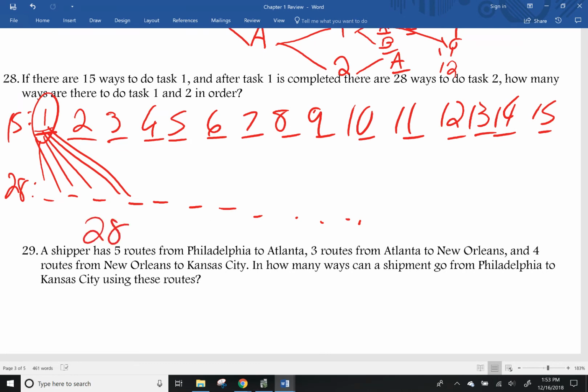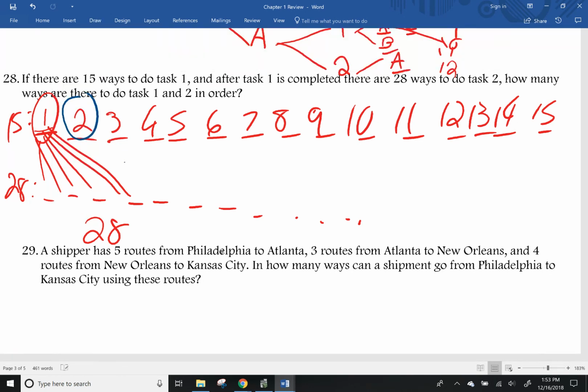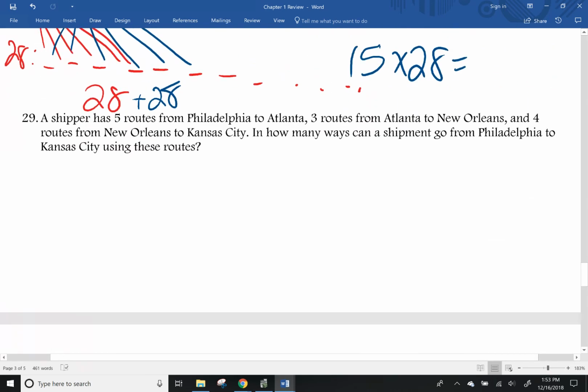But then you could take option 2, and you could pair that with all 28 for the second part. So that's another 28 options. You do that 15 times, and you can see the answer is simply going to be 15 times 28 to figure out the total number of combinations. Whatever that number is, that's your answer.